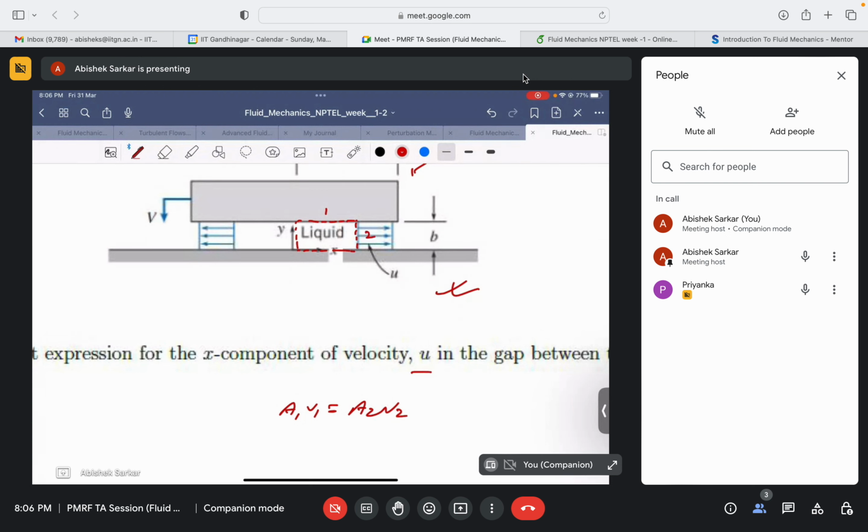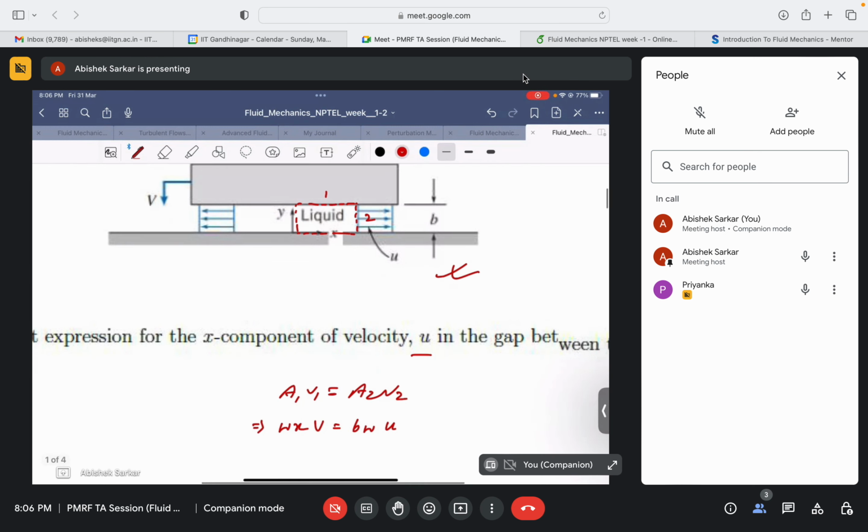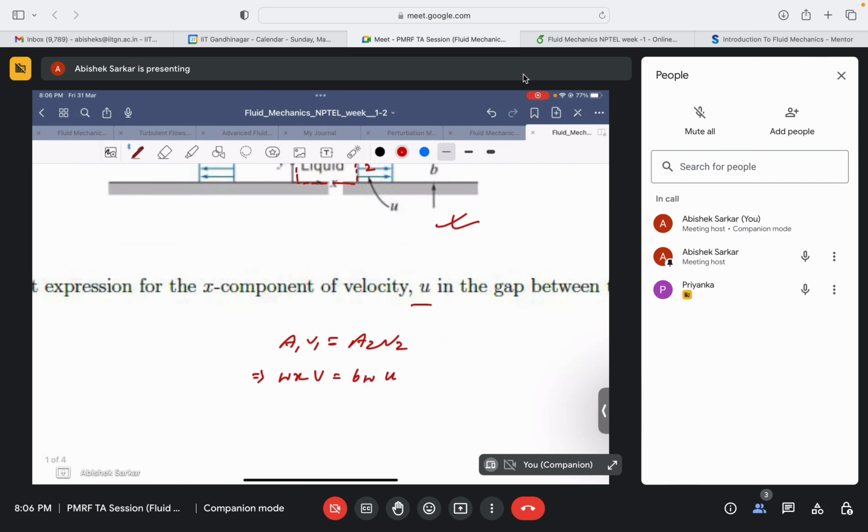Okay, so what is A1 then? W into x, right? Yes, sir. And V would be V, then A2 would be B into W. And V2 is unknown, say it is u. Then W is cancelled, so you get u equal to Vx by B.